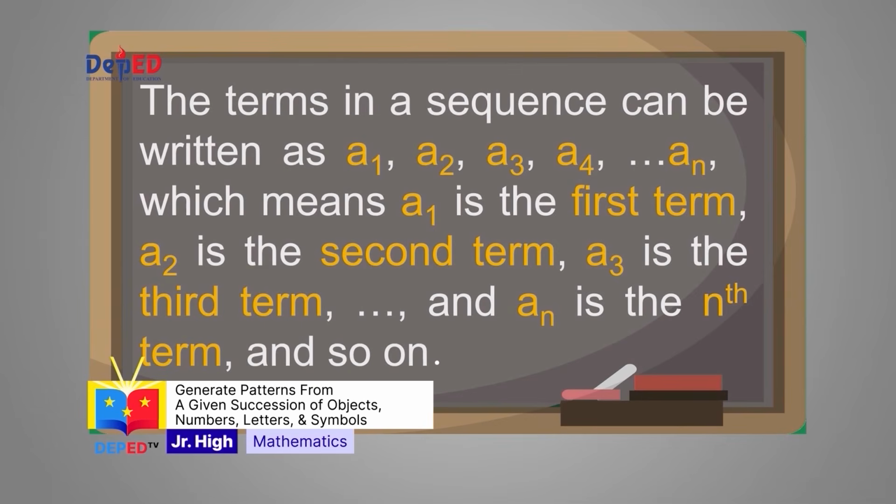The terms in a sequence can be written as a sub 1, a sub 2, a sub 3, a sub 4, and so on, up to a sub n, which means a sub 1 is the first term, a sub 2 is the second term, a sub 3 is the third term, and a sub n is the nth term, and so on.